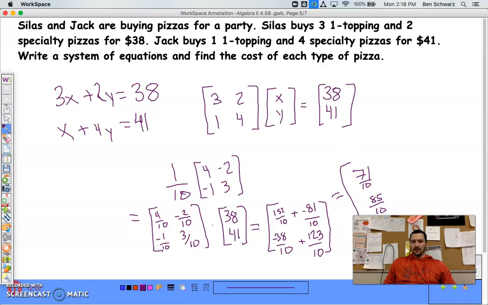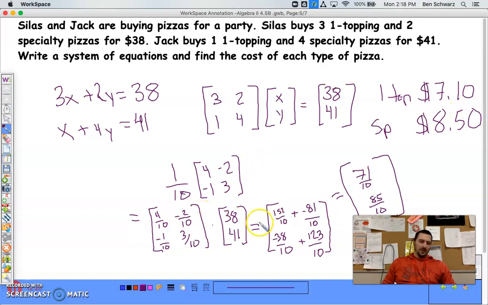So when we're looking at prices, dividing by 10 is pretty easy. So one-toppings, we have 71 tenths, so that would be $7.10. And for the other one, 85 divided by 10, so specialties would be $8.50.